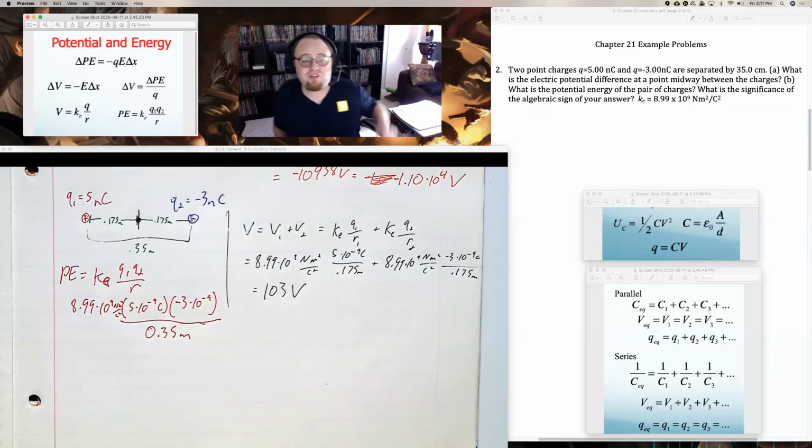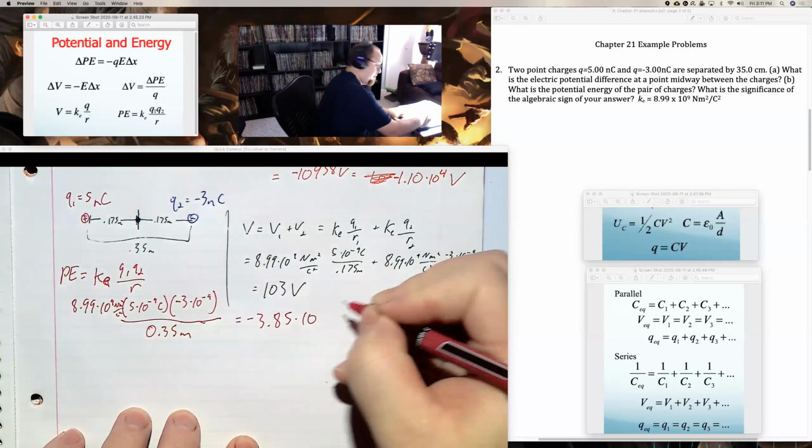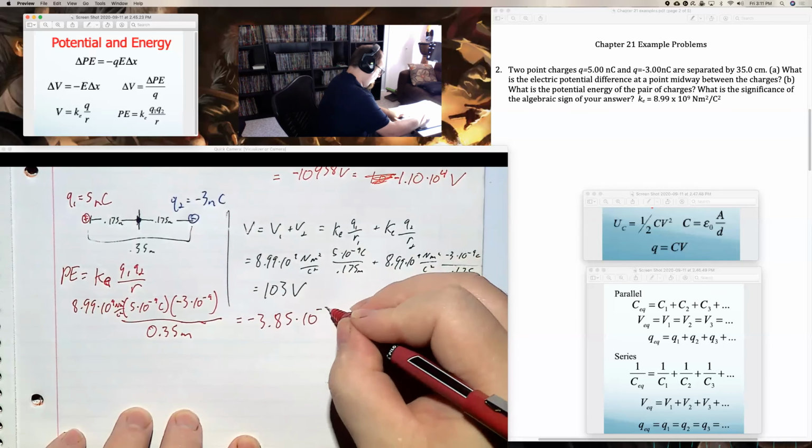If I want the potential at the halfway point, then I use that. But you have to be careful here: if I say the potential at the halfway point, I'm talking voltage. But if I say the potential energy, suddenly it's energy. And therefore I'm not saying what is the potential energy at the midpoint. I'm just saying what's the potential energy of these charges, and so I have to use the whole distance. Now I can do that math and get this value.